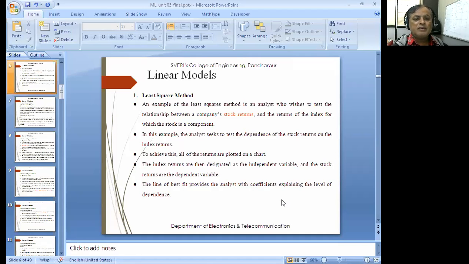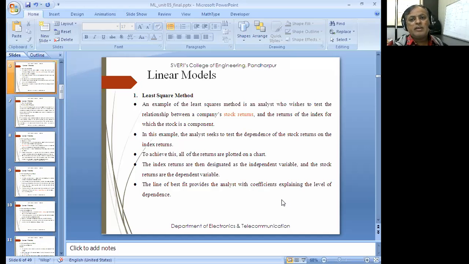So when you go with the plotting, you can easily identify which is the dependent and which is the independent variable. Once you know from the plot of the chart, we can say that the index return is the independent variable, whereas the stock return is the dependent variable.